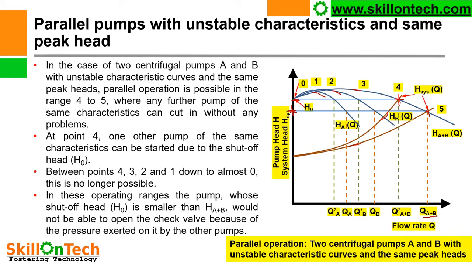But parallel operation is not possible at points 1, 2 and 3, and here at 0, because in these operating ranges the pump whose shut-off head H0 is smaller than HA plus B would not be able to open the check valve because of the pressure exerted on it by the other pump. So where the shut-off head H0 is smaller than HA plus B, that pump will not be able to open the check valve and parallel operation will not be possible.